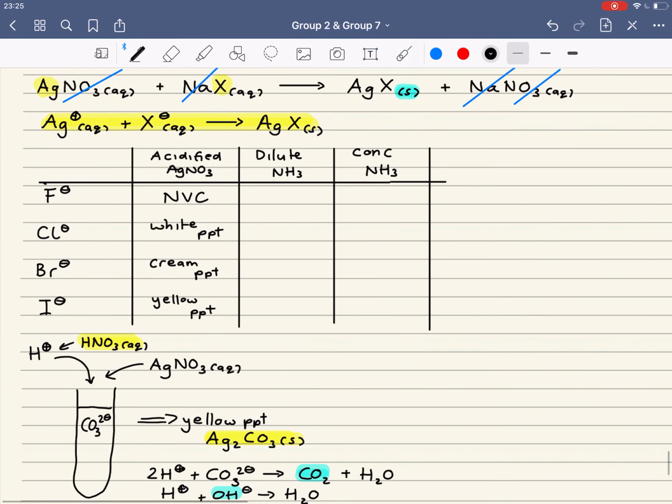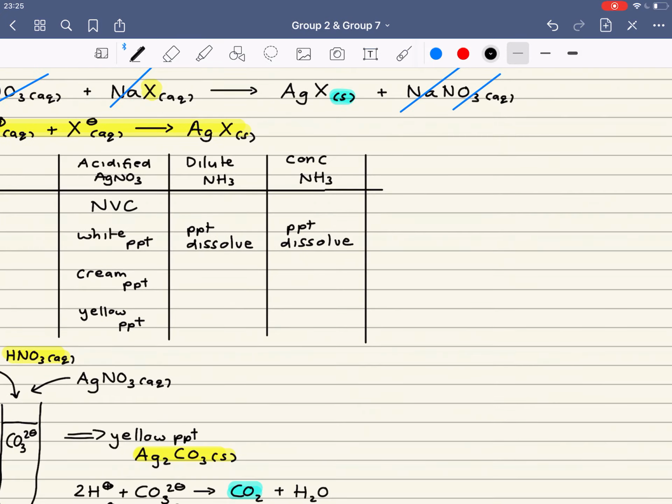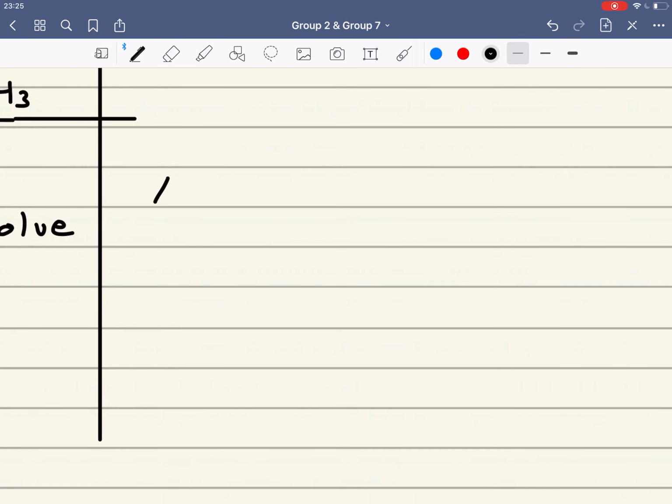Now, with dilute ammonia and chloride, it would cause that precipitate to dissolve, and the same would happen with concentrated ammonia. It does so because of the following reaction.